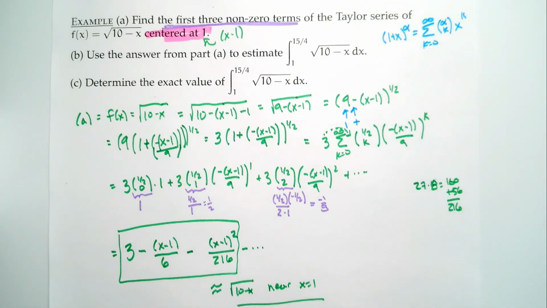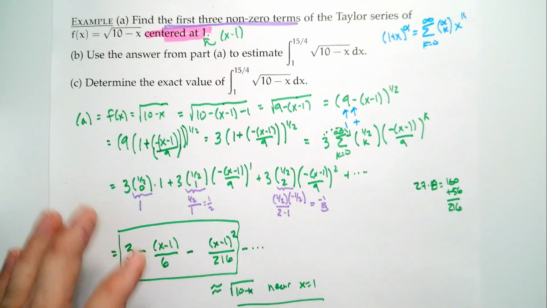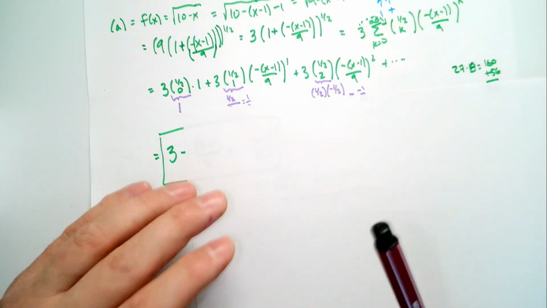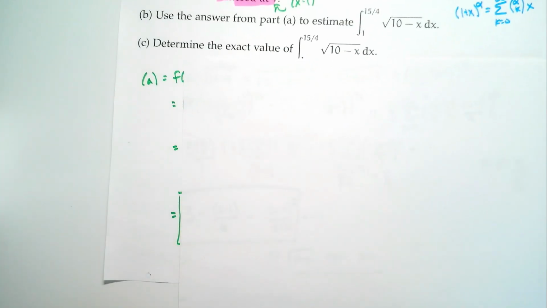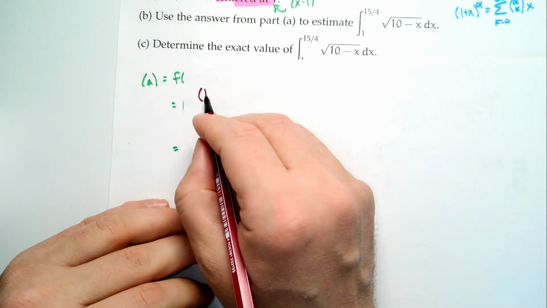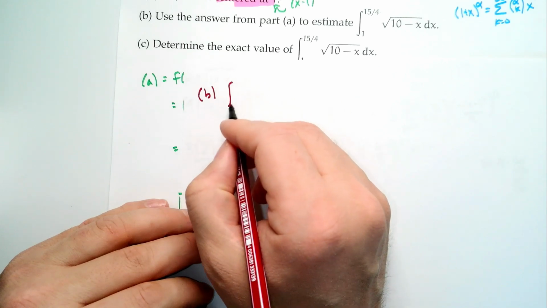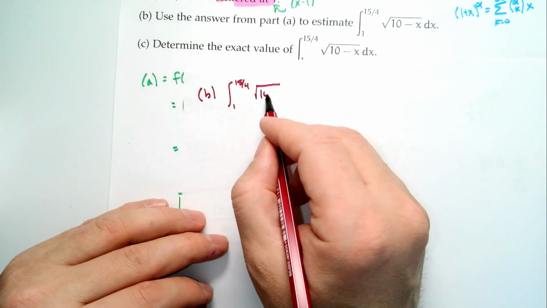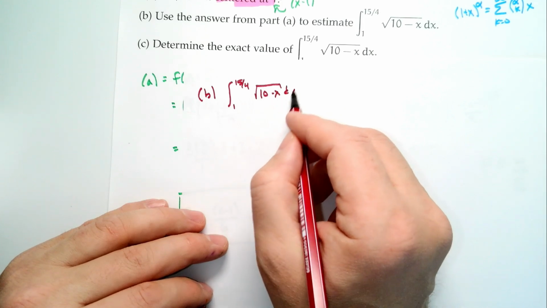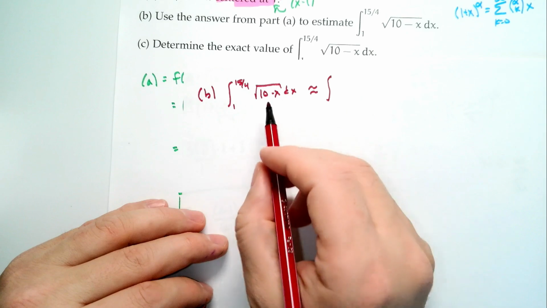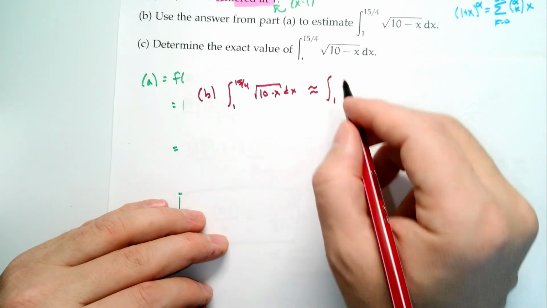So what we can do here is, sorry, I'm going to make some notes here. We're now in part B. The integral from 1 to 15/4 of the square root of 10 minus x dx, well, I can approximate it by replacing this square root of 10 minus x by what we've just found.